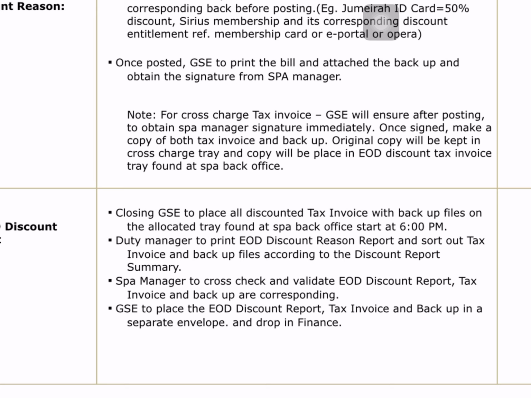Then after all the bills are signed by the spa manager, as you've been practicing already, you should have another envelope where you will put all the discount bills with the discount report.